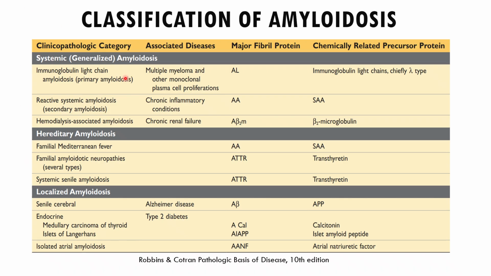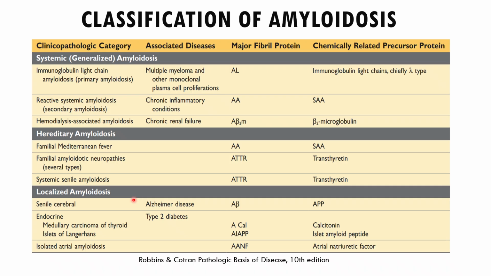It can be systemic amyloidosis, hereditary amyloidosis, or localized. Systemic amyloidosis is further characterized into primary or immunoglobulin light chain amyloidosis, reactive or secondary, and hemodialysis associated amyloidosis. Hereditary amyloidosis is further divided into familial Mediterranean fever, familial amyloidotic neuropathy, and systemic senile amyloidosis.